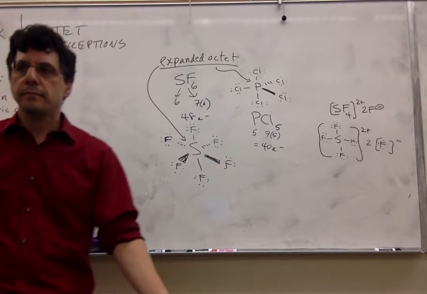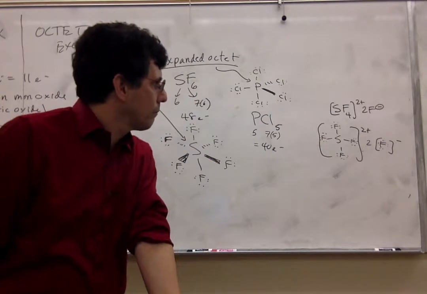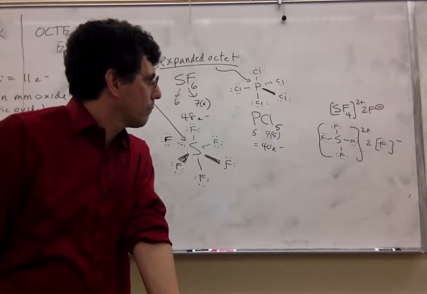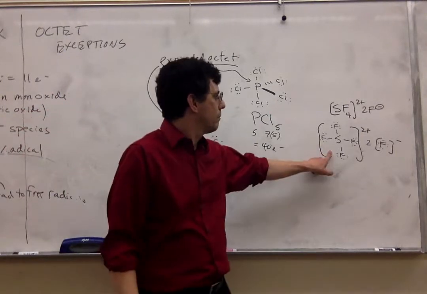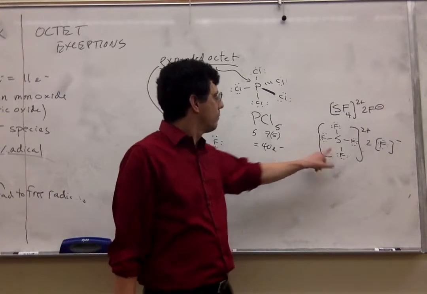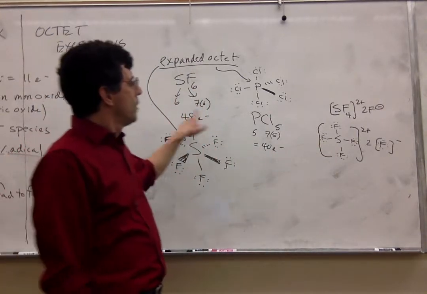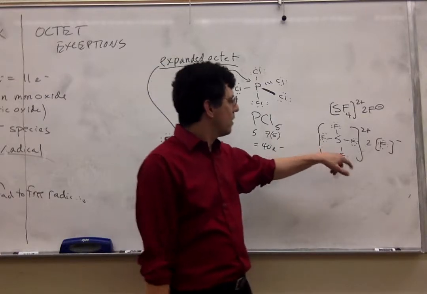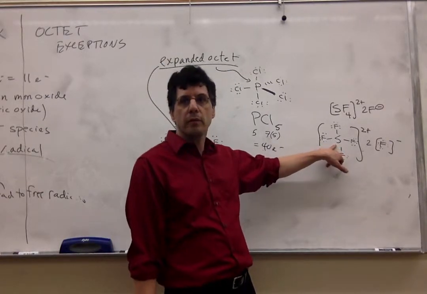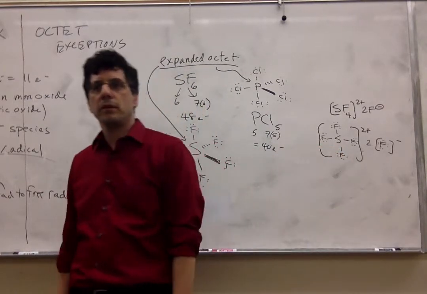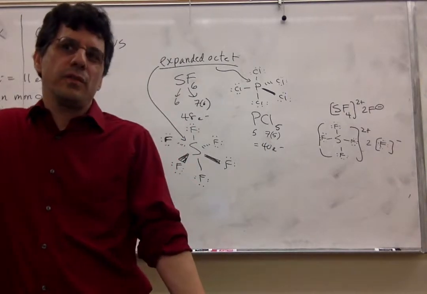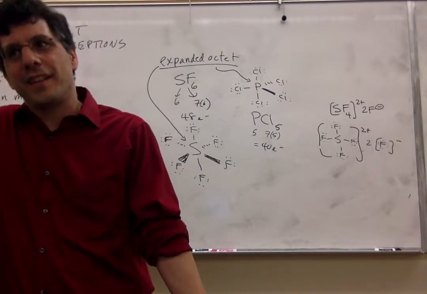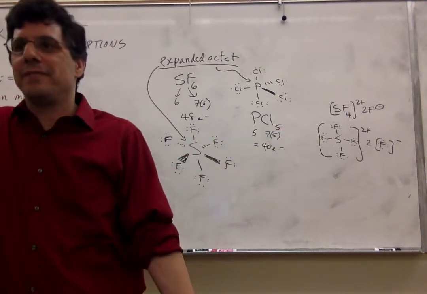Eric? Why is it 32 and not 30 for electrons? For this one? Yeah, I thought we would lose 2 because it's plus 2. Well, the 2 plus is probably coming from a formal charge on sulfur being plus 2. So it's kind of like sulfur's given up electrons to the 2 fluorines outside.